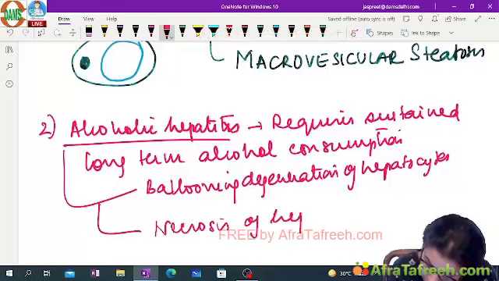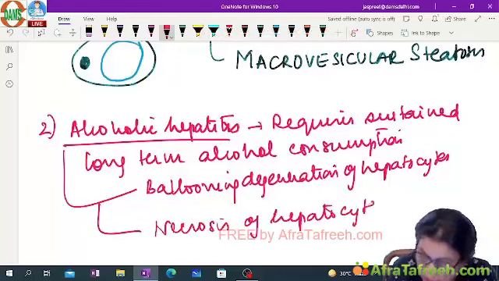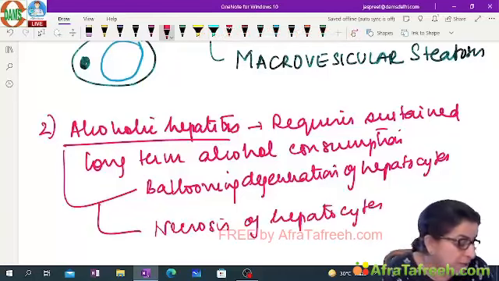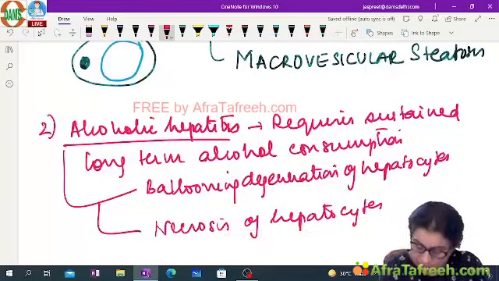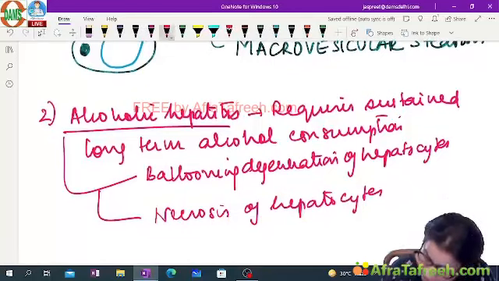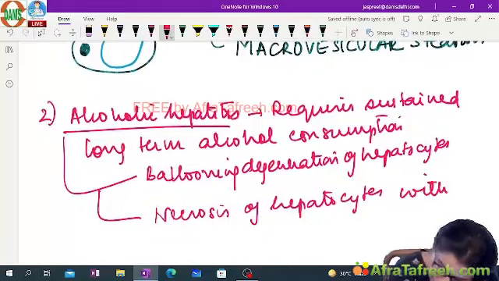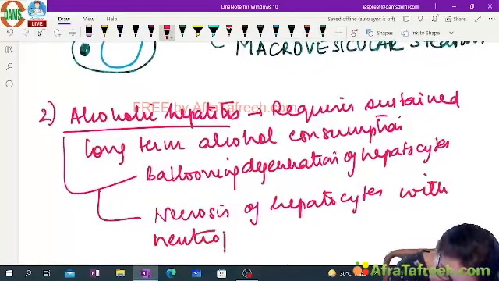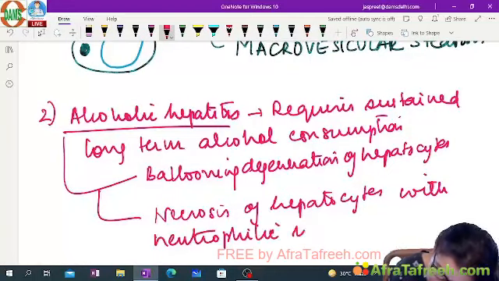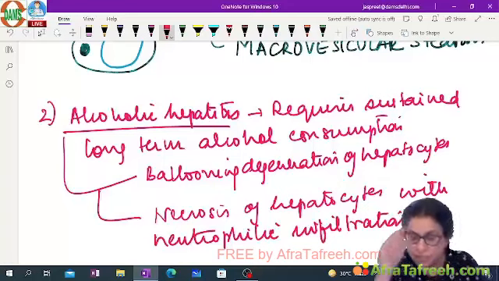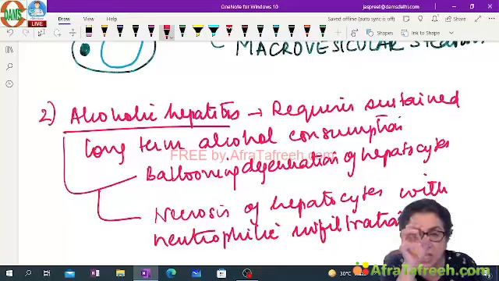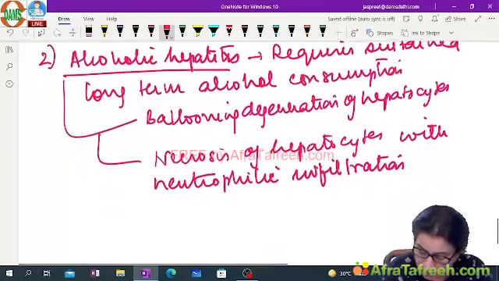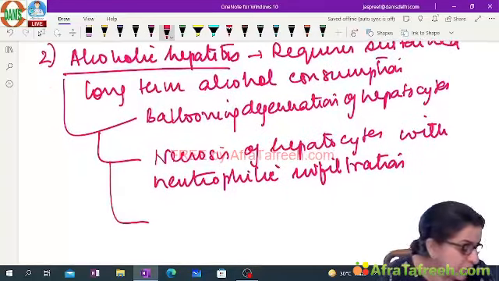Now when hepatocytes die, that area is filled with neutrophils. So hepatocyte necrosis with neutrophilic infiltration. If a hepatocyte dies, that dead hepatocyte is replaced by neutrophils in that area.